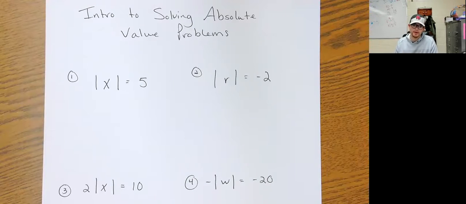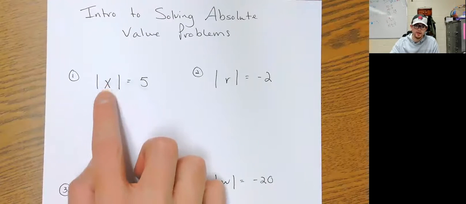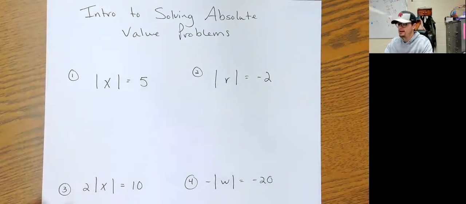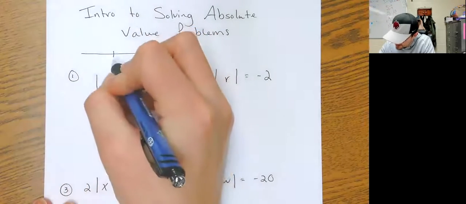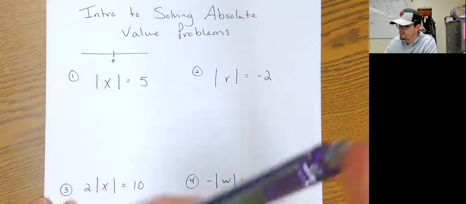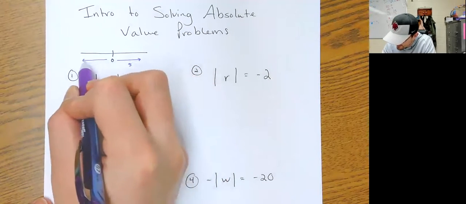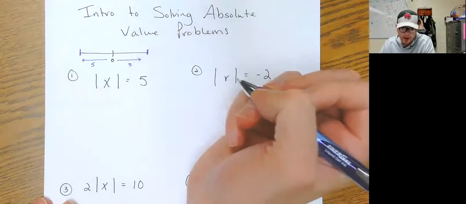If you've not watched my other two videos, an absolute value calculates the distance that the input is from 0. So if I'm calculating the absolute value of x equals 5, if I was to look at that on a number line, and if I was to look at 0 and go in both directions 5, I would get two answers.